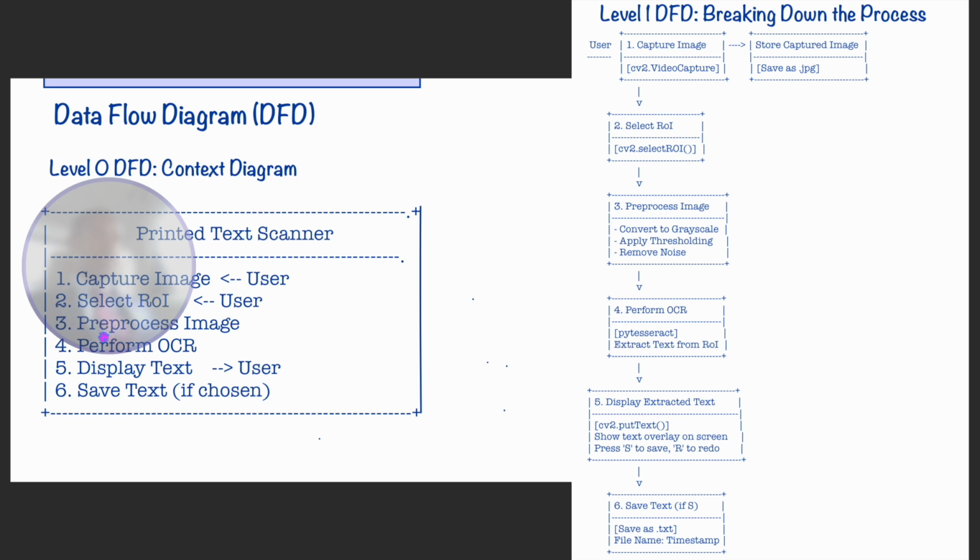It also does pre-processing of the image. It performs OCR or Optical Character Recognition. It displays the text as output to the user, and when the user chooses to save the text, it will be saved.